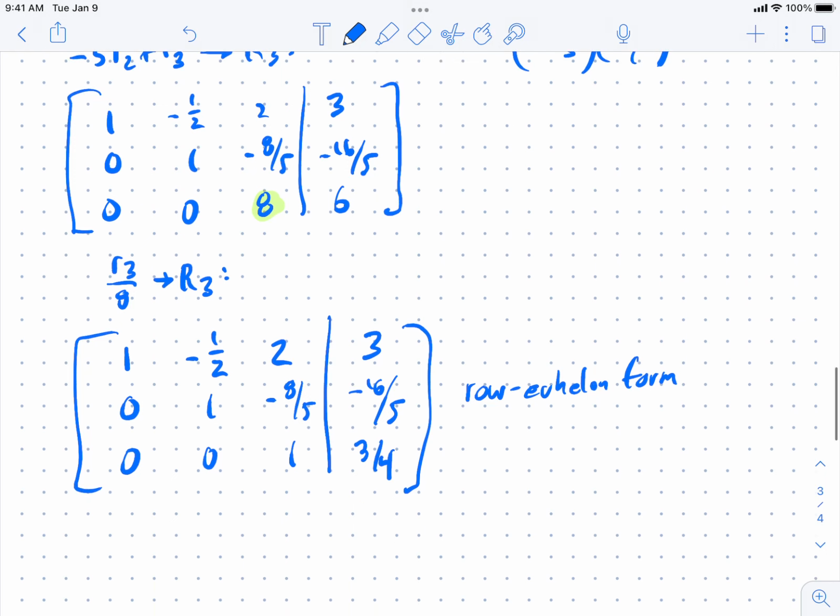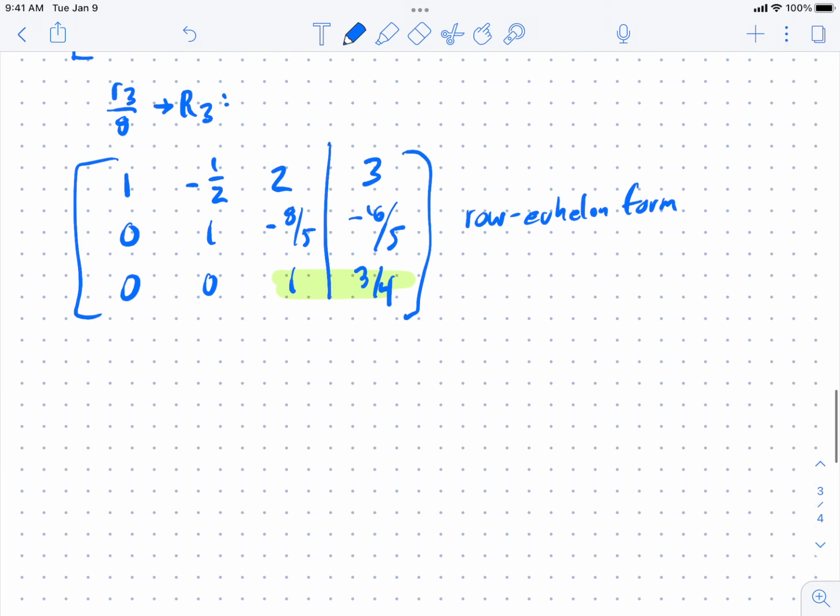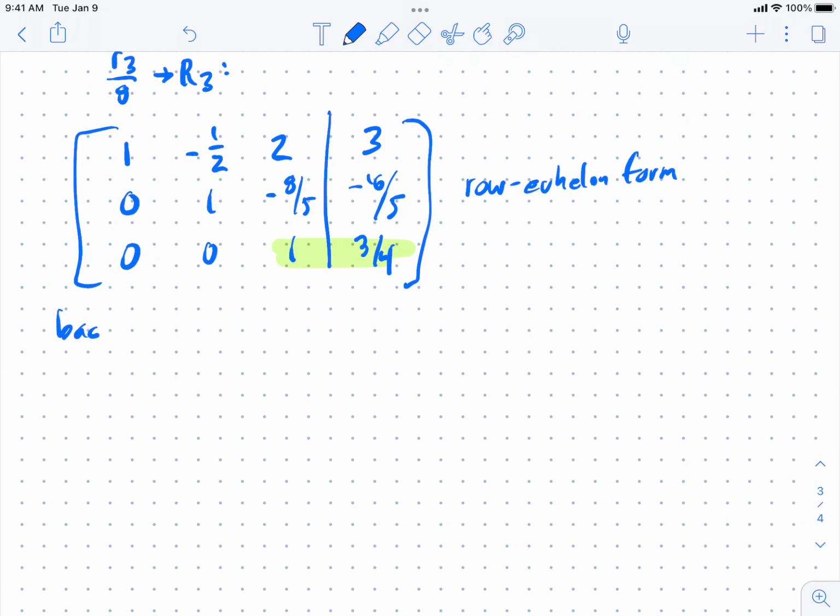Now that we're at row echelon form, it basically means we're already looking at one of our solutions, z is equal to 3/4. It also means we're about to do back substitution to solve for x and y. Back substitution time. So if I bubble up once, row 2 says 0x plus y minus 8/5 times z, but z is 3/4. And that's equal to negative 16/5.